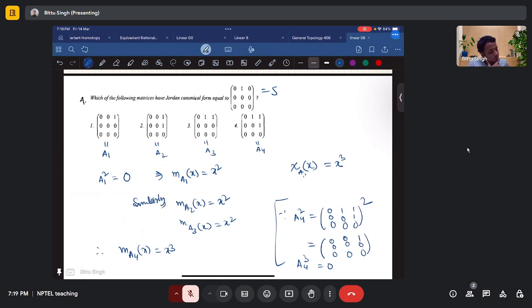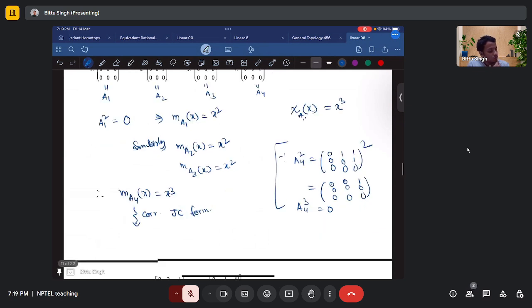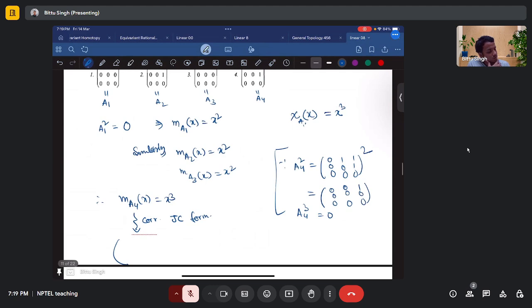So for A4, what will be the Jordan form? Let me denote it by J4, the corresponding Jordan canonical form, JC form it is called. We see that the characteristic polynomial is x cube, that is, 0 is the eigenvalue. So we just put 0 on the diagonal.